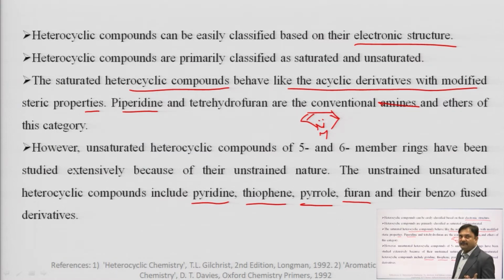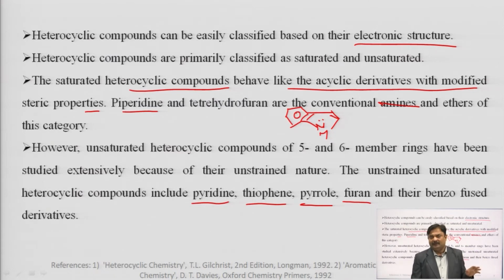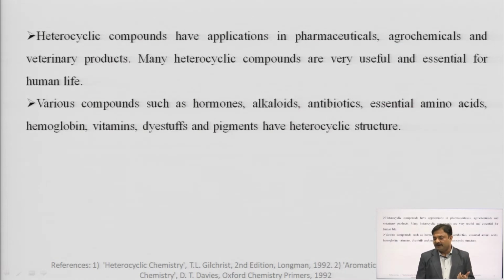Nitrogen is having a lone pair of electrons, 2 double bonds are there, but when we fuse it with benzene like this, a new heterocyclic moiety will originate, which is called indole. So, this is a method to prepare heterocyclic compounds. They can fuse together to obtain a new class of heterocyclic compounds.